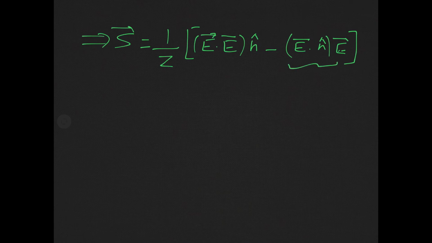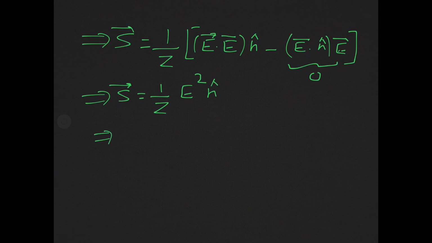And as these two vectors E and n hat are perpendicular to one another, this product will be 0, and therefore we can write the Poynting vector S is equal to 1 over Z into E dot E, which is E square, into n hat.